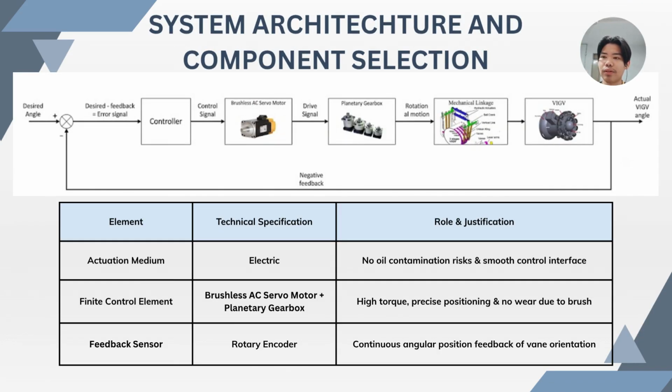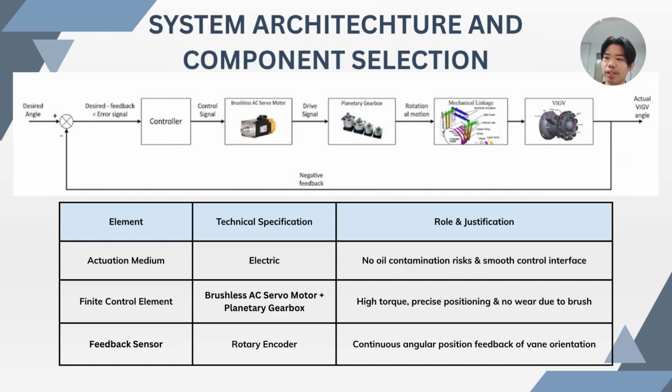My name is Raid. Now let's walk through our system architecture and component selection, starting with our closed loop block diagram at the top. So the system receives the desired angle as the set point. This set point is compared against the actual feedback to generate an error signal. Then our controller will process this error signal and send a control signal to the brushless AC servo motor.